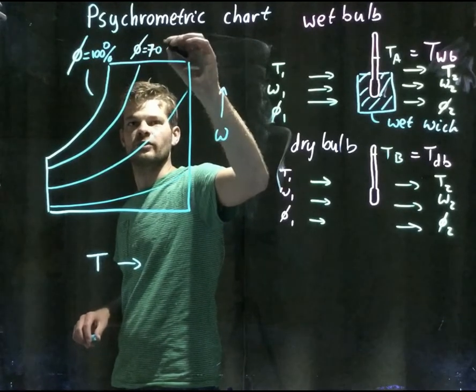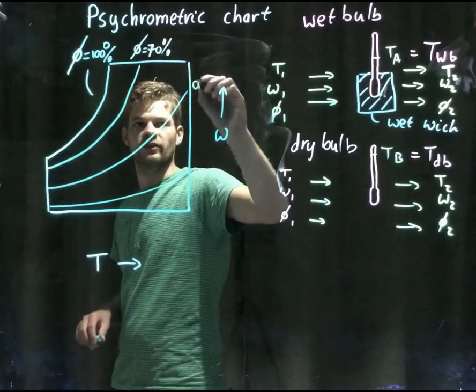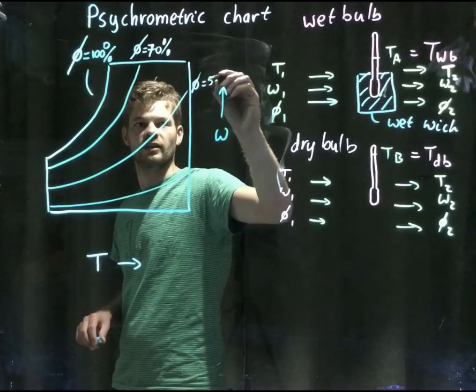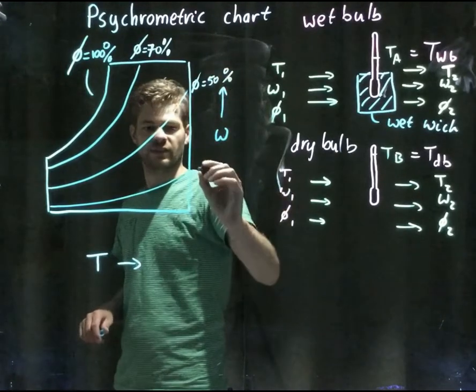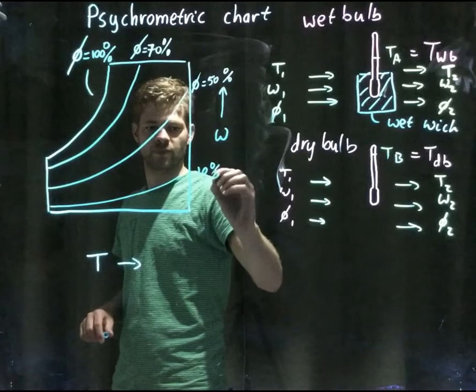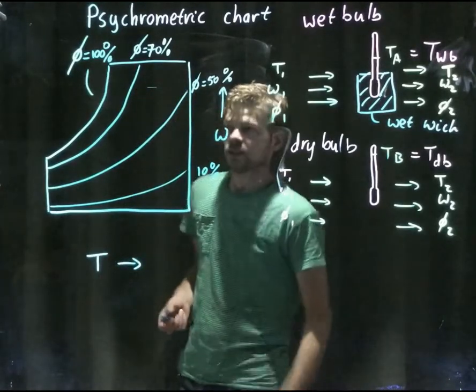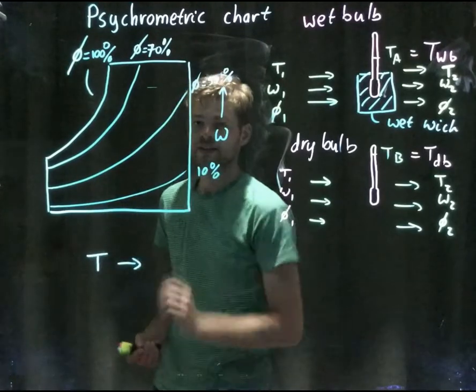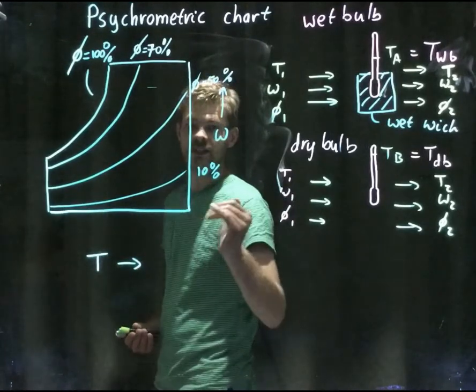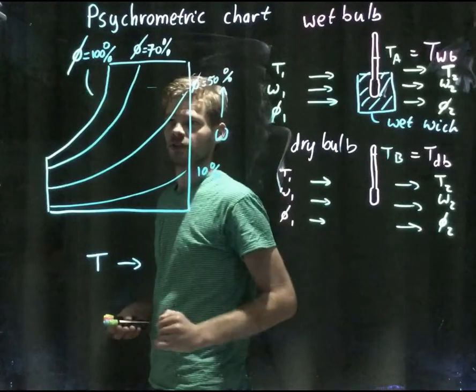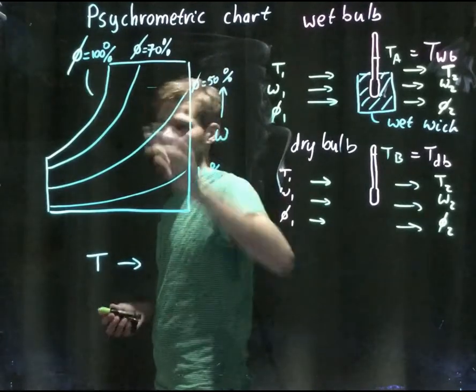Let's assume it's 70% over here, it's 50% over there, and it's 10% over here. Just to give an indication. Then in this chart I can read the temperature, I can read the specific humidity and relative humidity.